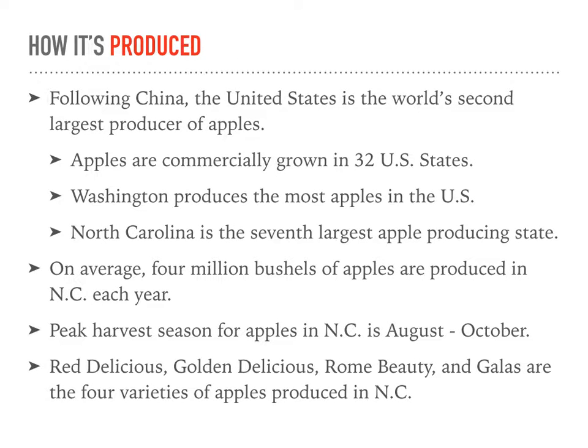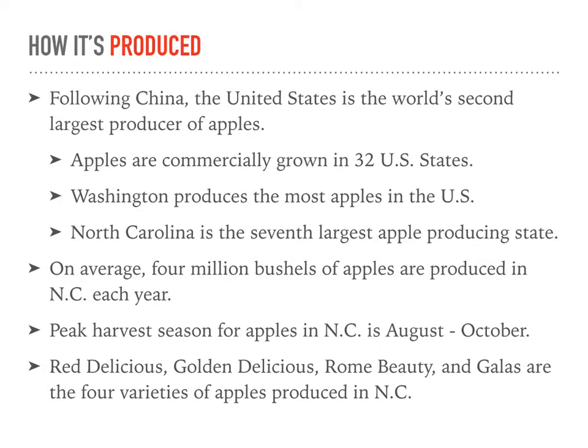Following China, the United States is the world's second largest producer of apples. Apples are commercially grown in 32 U.S. states. Washington produces the most apples, and North Carolina produces the seventh largest amount of apples in the United States. On average, 4 million bushels of apples are produced in North Carolina each year.